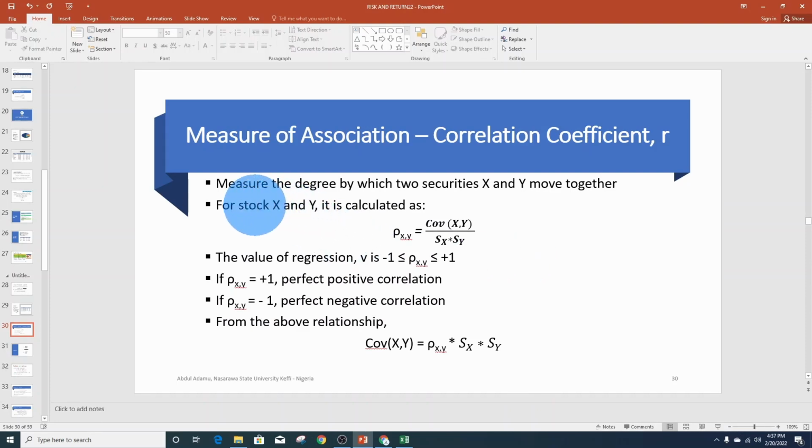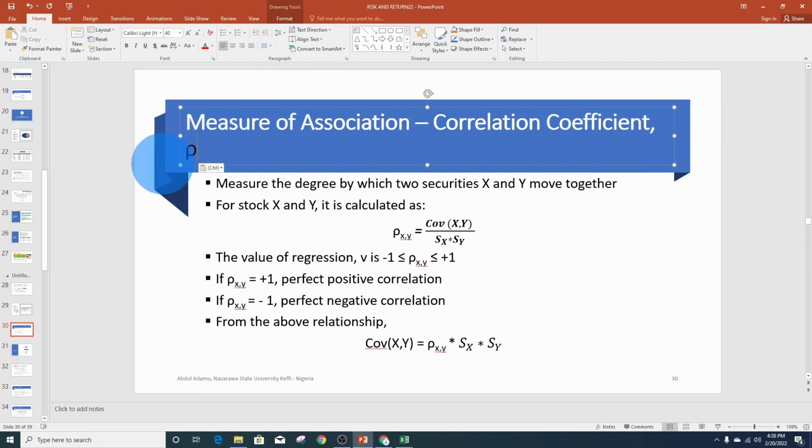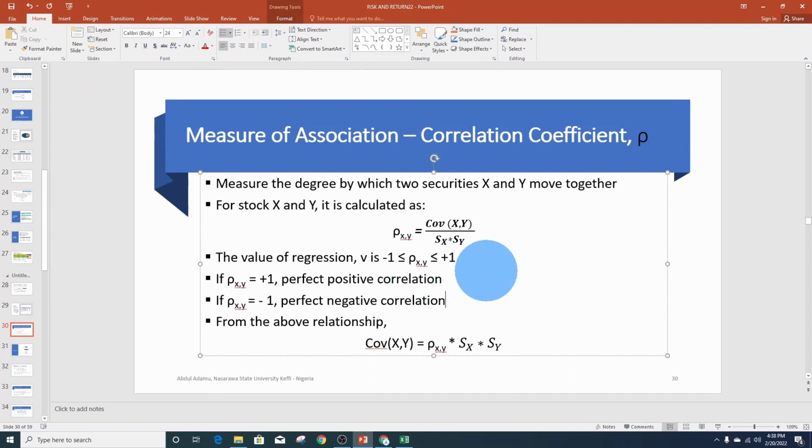So for our Dangote and Bua stock, if we have two stocks X and Y, to find the correlation coefficient, we can use the relationship between that and covariance.